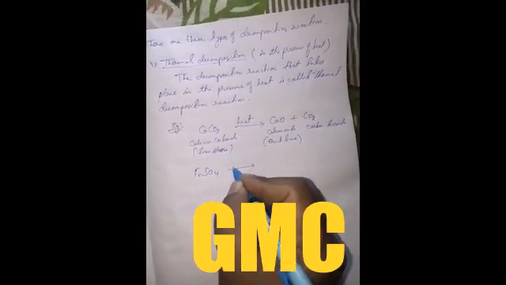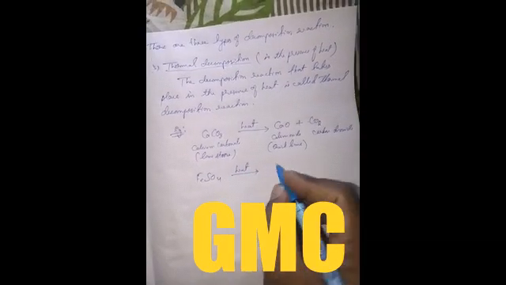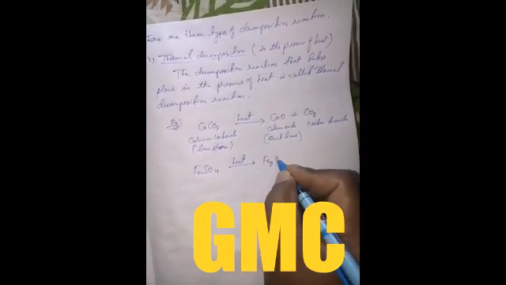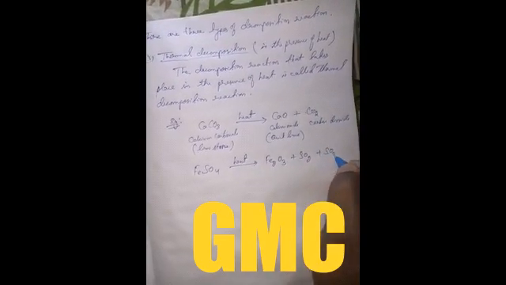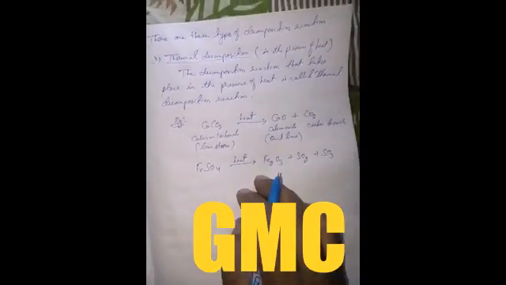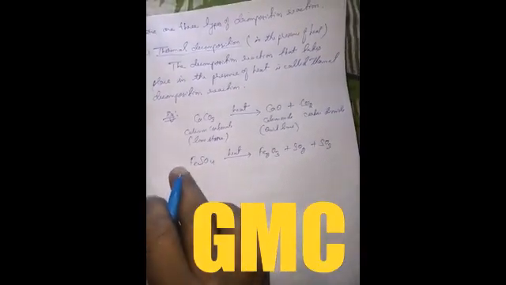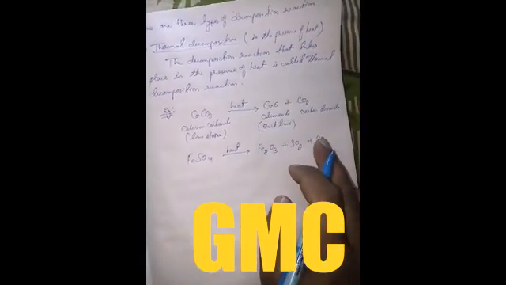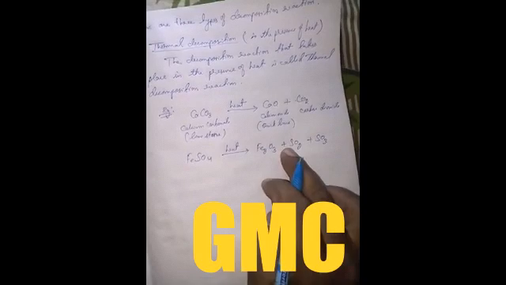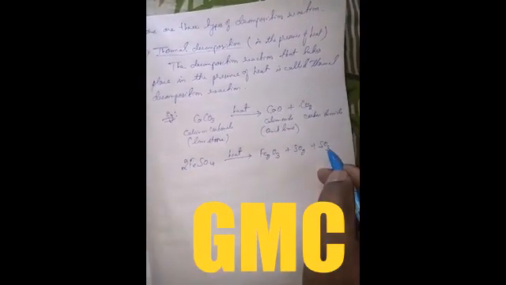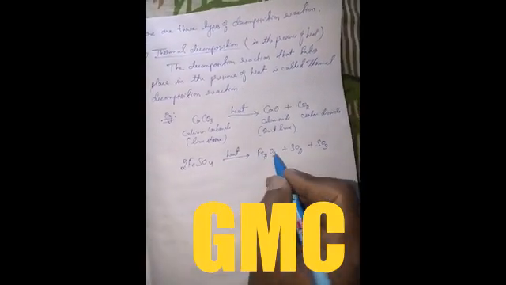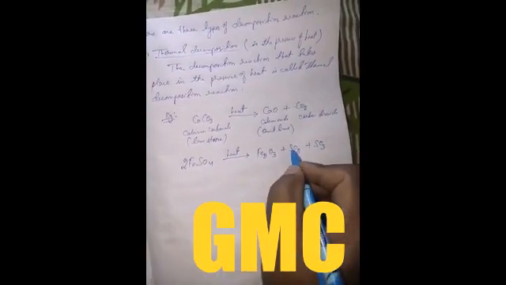When heated, it forms Fe2O3 plus SO2 plus SO3. Is it balanced? If you put 2 here, 4 and 2 is 8 oxygen, 2 iron, 2 sulfur.